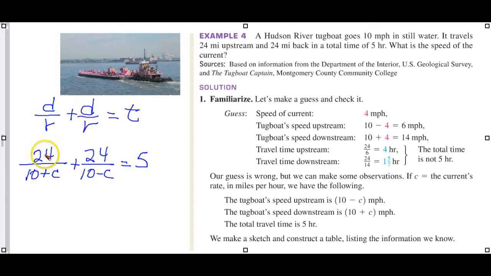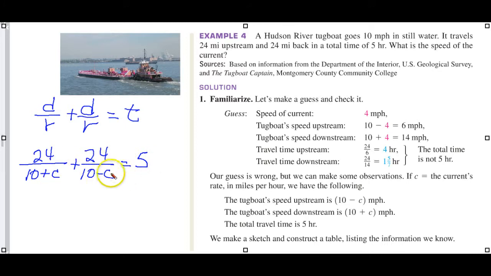So 24 miles is the distance downstream. The speed of the boat in still water is 10, plus the speed of the current moves the boat faster. Now going upstream, again it's still 24 miles, but the speed of the boat is 10 miles in still water, minus now because it's going against the current, C, and the total time is 5 hours.